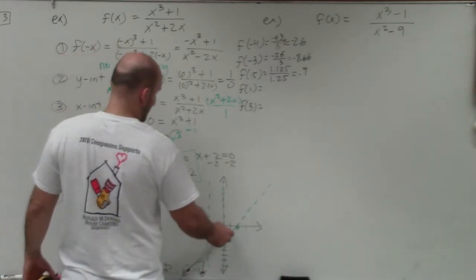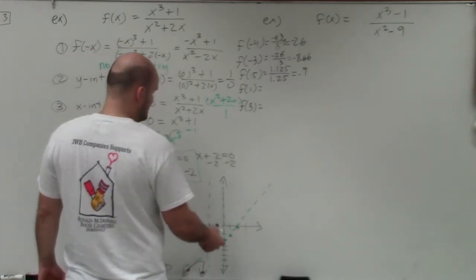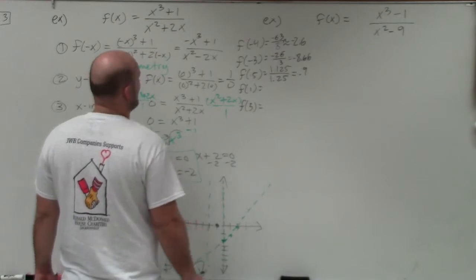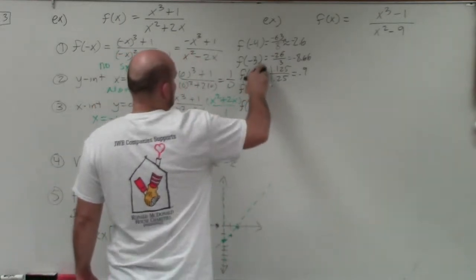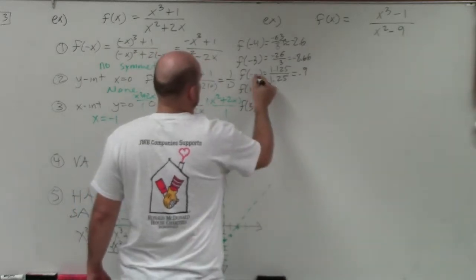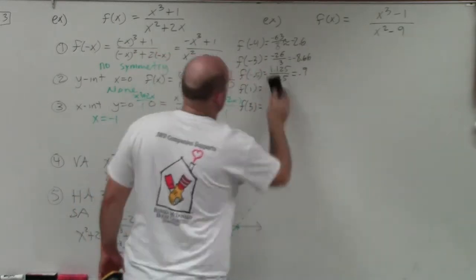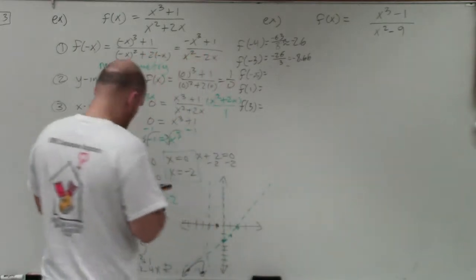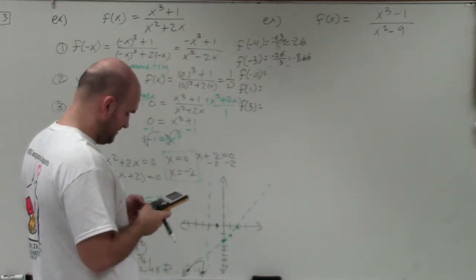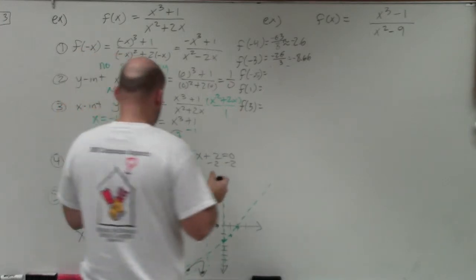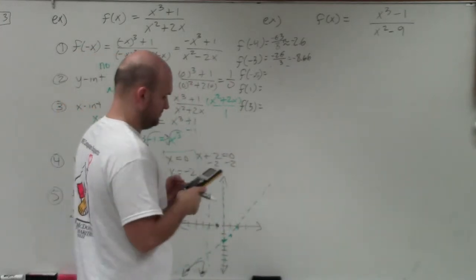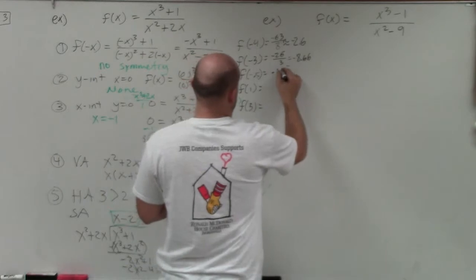at f of 1/2, oh, shoot, I was supposed to do -1/2. We already know what 1/2 is. I need to do -1/2. So it'd be -0.5 raised to the third power. Plus 1 is 0.875.